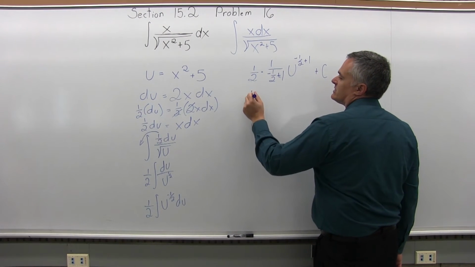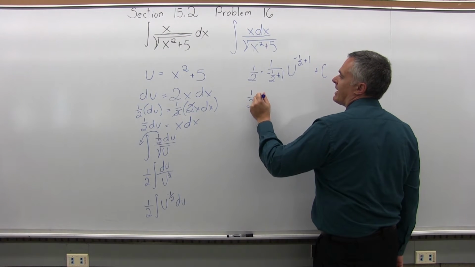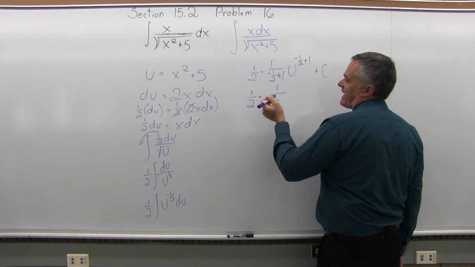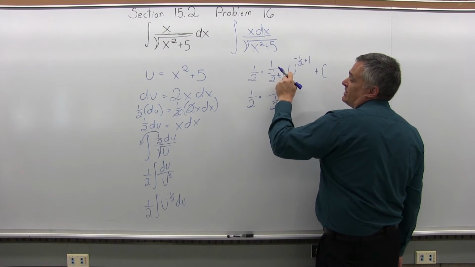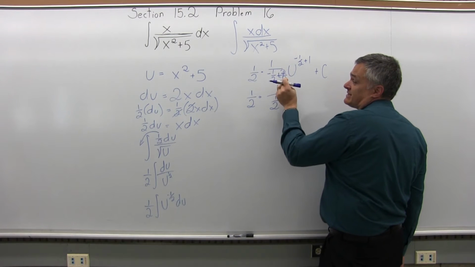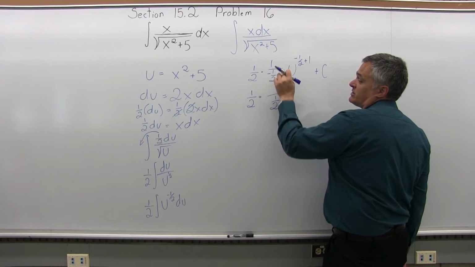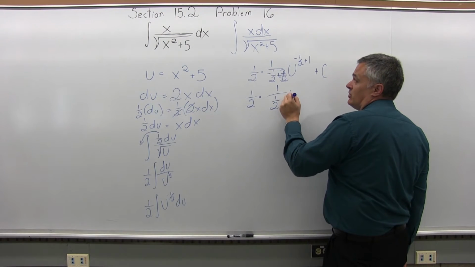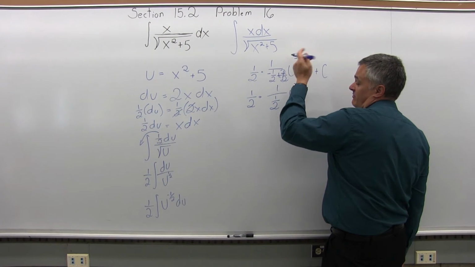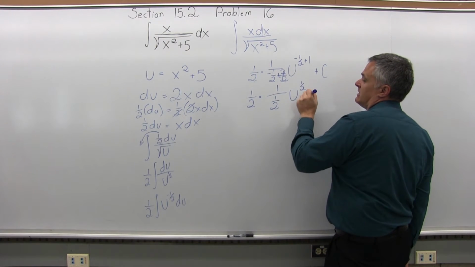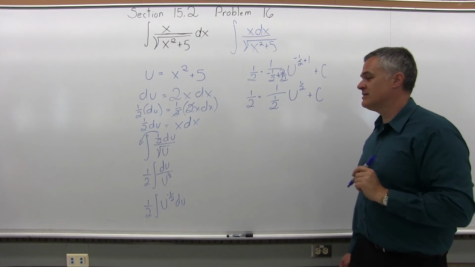So the half in front, just leave it in front, times 1 over negative a half plus 1 is positive a half, right? Think of the 1 as 2 over 2, 2 halves. That's still a 1, but now I have my common denominator of 2. Minus 1 plus 2 is positive 1. U to the minus a half plus 1 is positive a half. Same process. Plus a constant on the end.